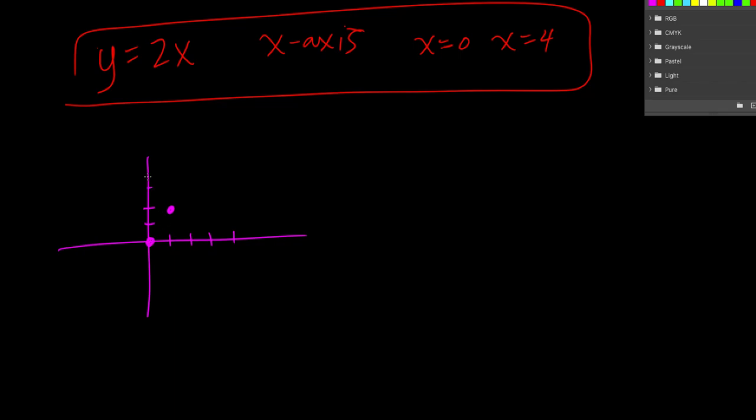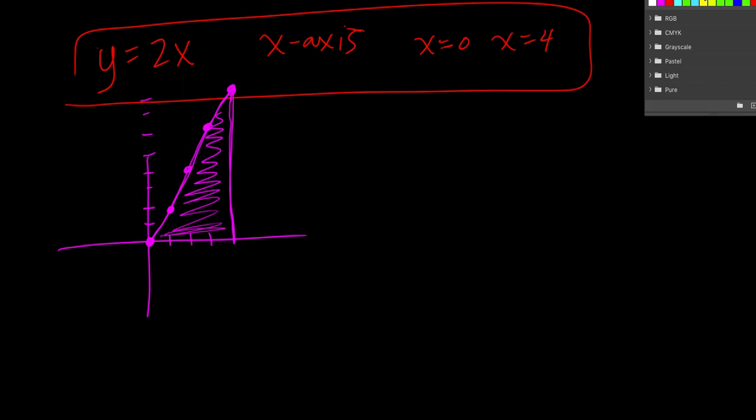And we go up 2 over 1, up 2 over 1, up 2 over 1. That's supposed to be a straight line. So the area enclosed is just a right triangle.